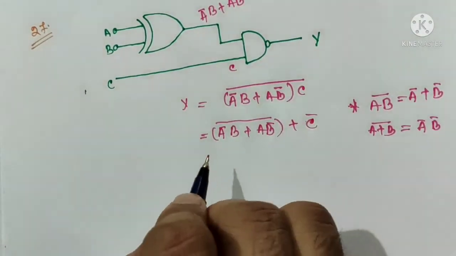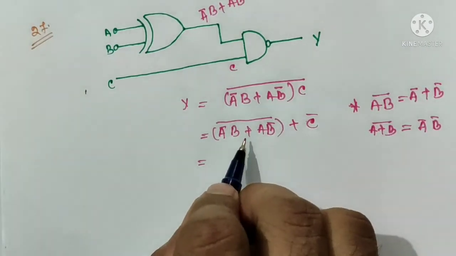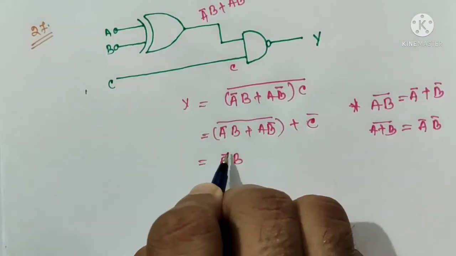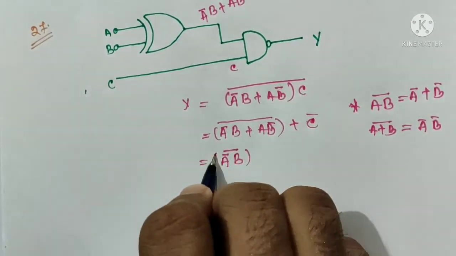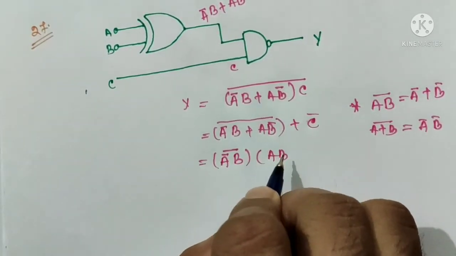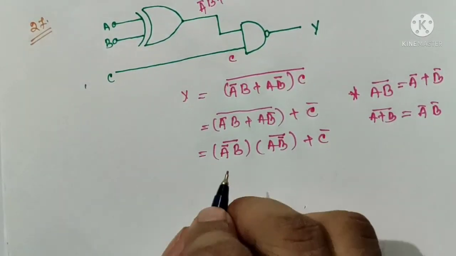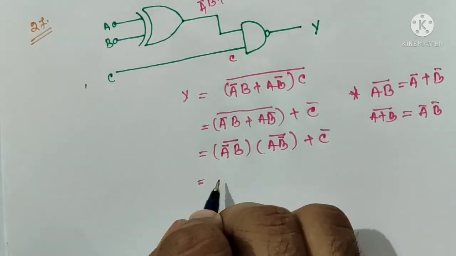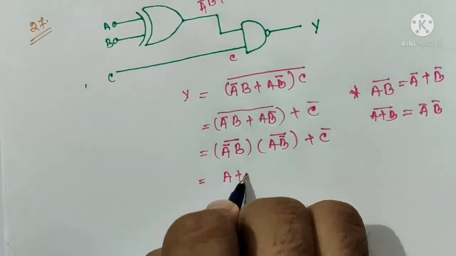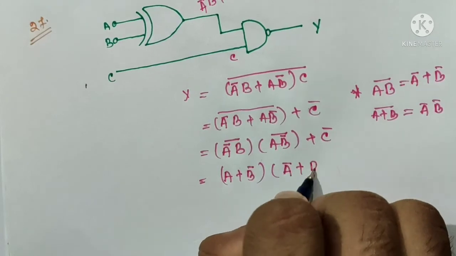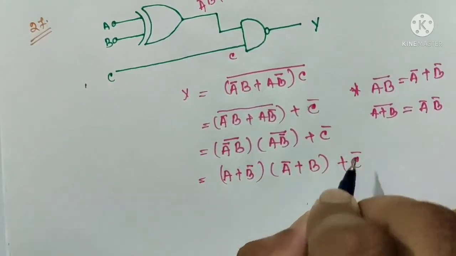Now this is equal to, again use De Morgan's theorem. So it is equal to (A bar B) bar, (A B bar) whole bar, plus C bar. Now it is equal to (A plus B bar)(A bar plus B) plus C bar.